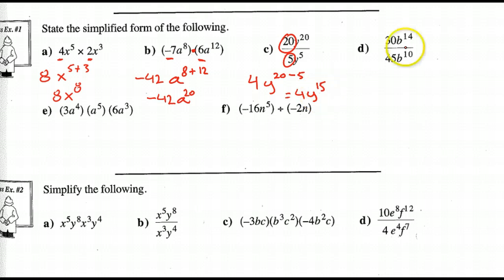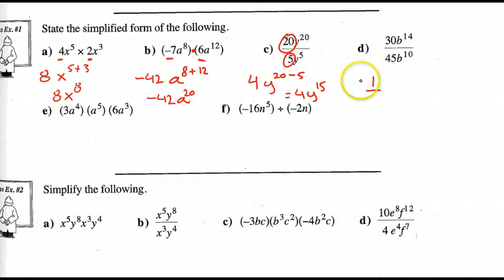Okay, let's look at the next one. I have 30 over 45. Well, that simplifies, what's the common factor there for 30 and 45? Well, I think it's going to be 15. So 30 divided by 15 gives 2, and 45 divided by 15 gives 3, so it simplifies to 2 over 3.